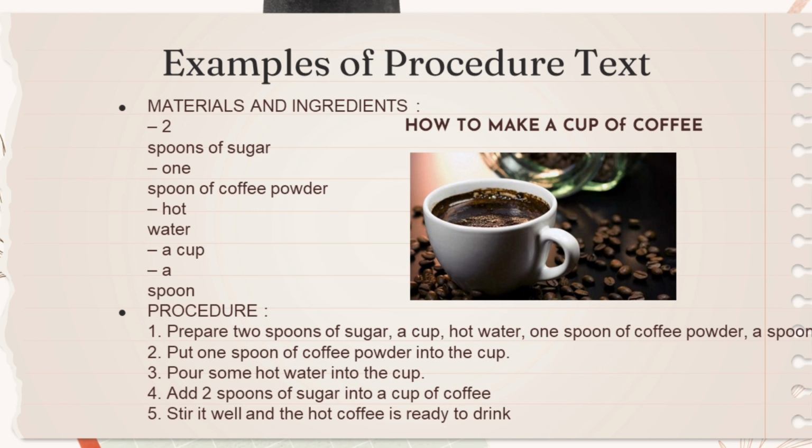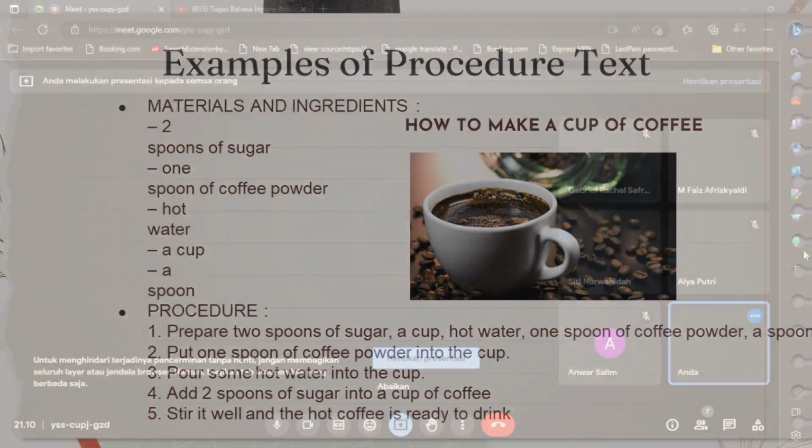Put 1 spoon of coffee powder into the cup. 3. Pour some hot water into the cup. 4. Add 2 spoons of sugar into the cup of coffee. 5. Stir it well, and the hot coffee is ready to drink.